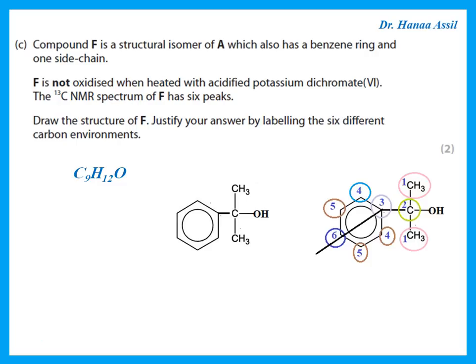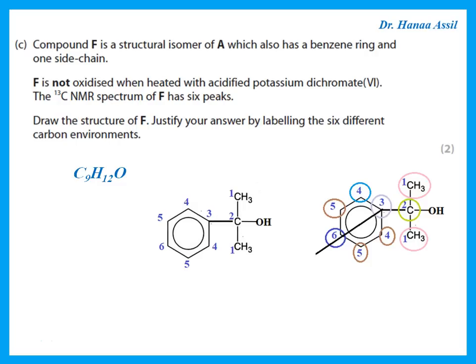How many carbon environments do I have? I have the carbons of the CH3, so that's 1. And then the carbon that has the OH, and then the carbon that binds that to the benzene ring, and then the benzene ring is symmetrical here. So we have only a total of 6 different carbon environments.